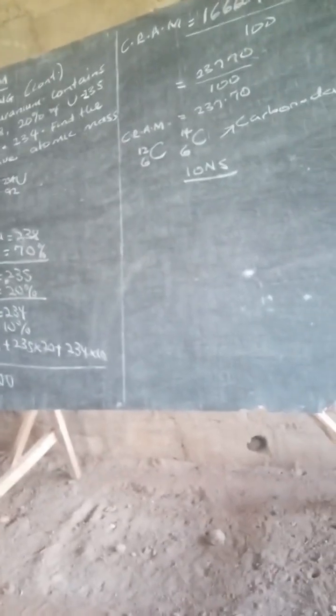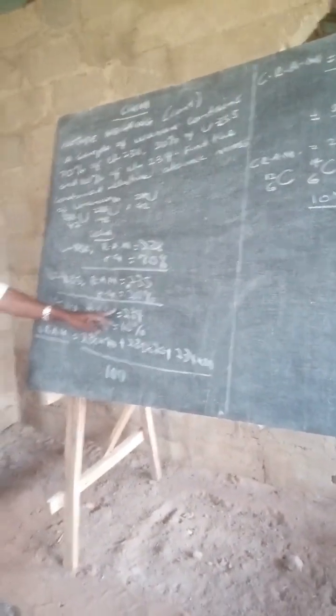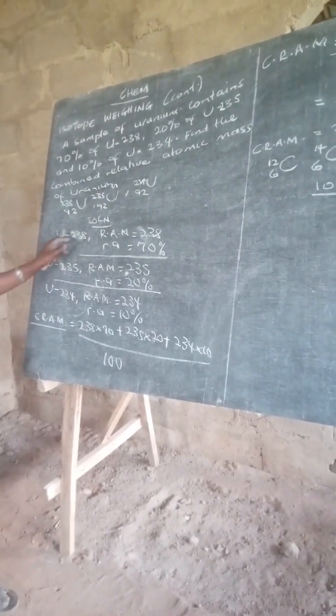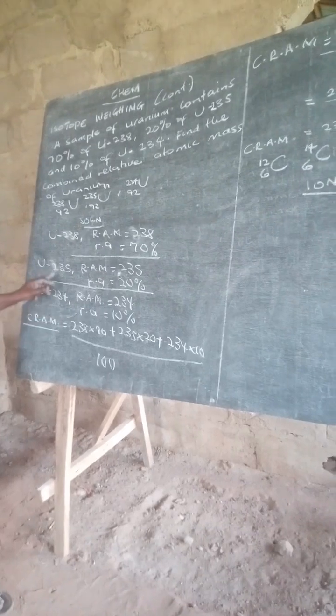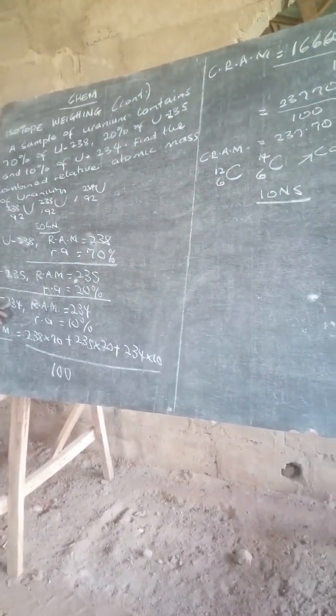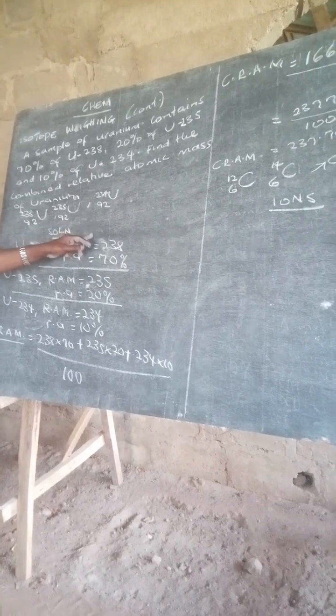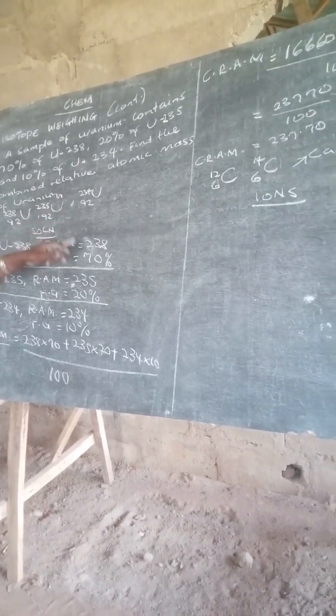You can see that the answer 237.7 is nearer to 238 than the other isotopes, whose relative atomic masses are 235 and 234. Why? Because 238 has the most relative abundance.